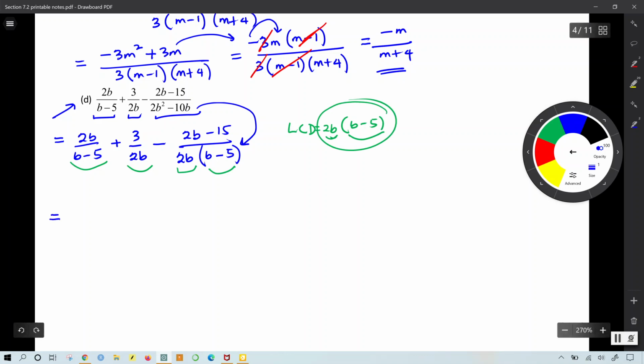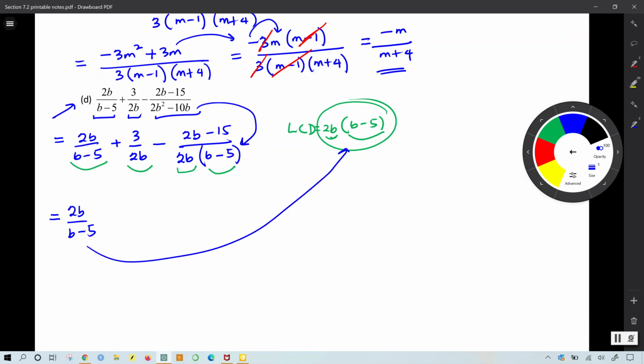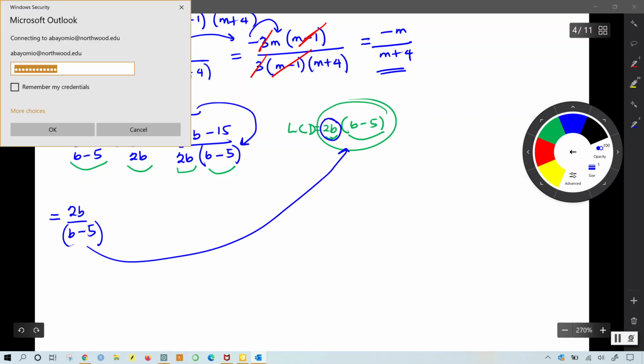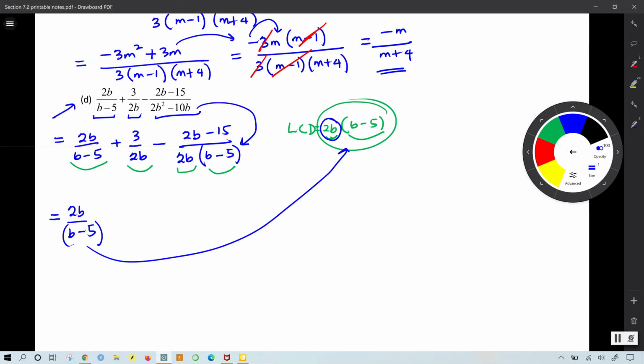Now we move on to the instance where we start examining each fraction and comparing the denominator to the LCD. This is b minus 5 already, but it needs an extra source of 2b in order to catch up with the LCD. So multiply this by 2b, multiply the top 2 by 2b.